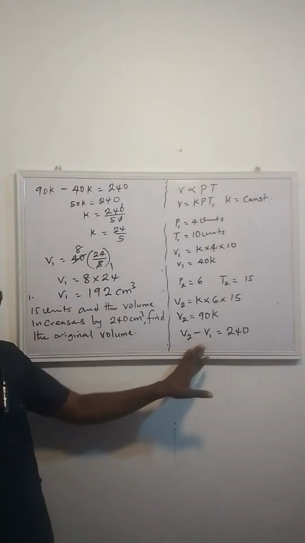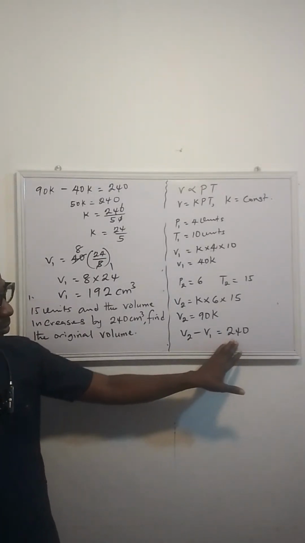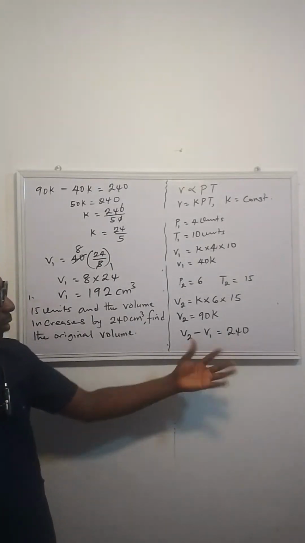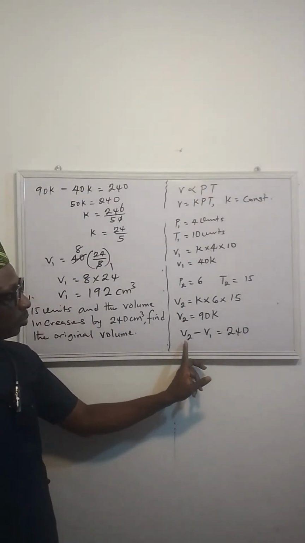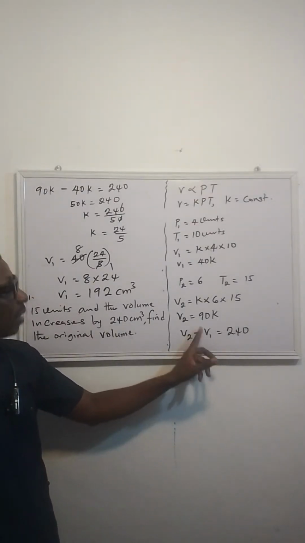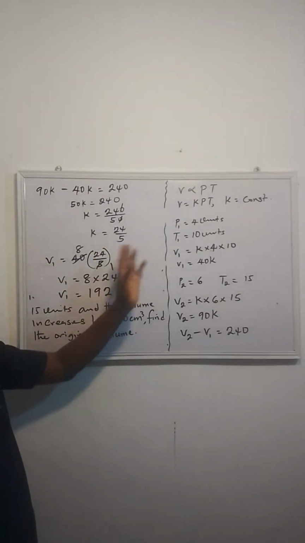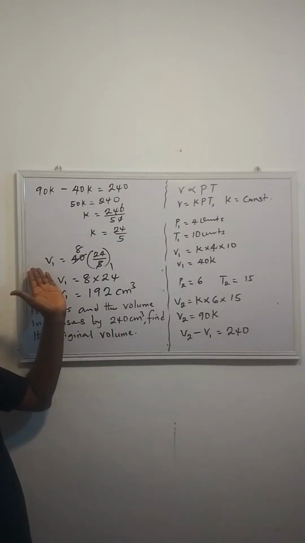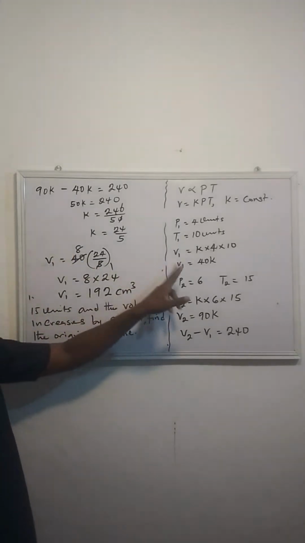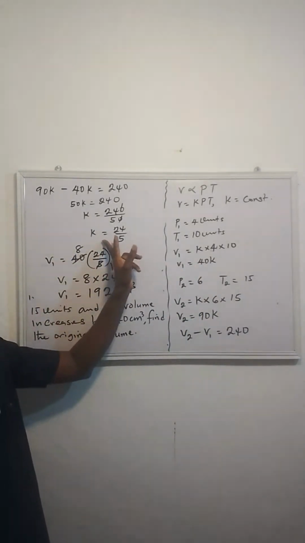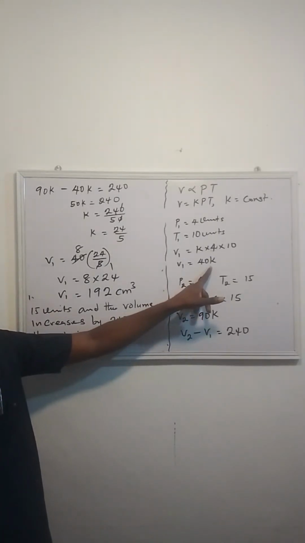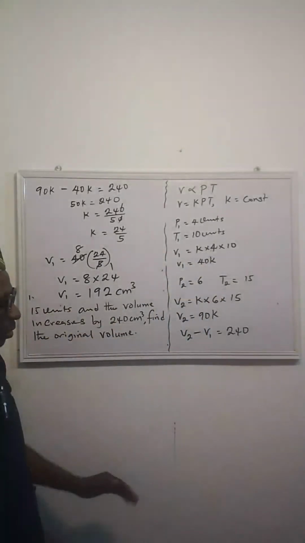So we just need to find the difference between the volumes. So you write this and you plug in the values of V2 and V1. We have that. And that's what we have here. And we have our K. So now to get the initial volume or the original volume, we just put the value of K into this equation and you have your answer.